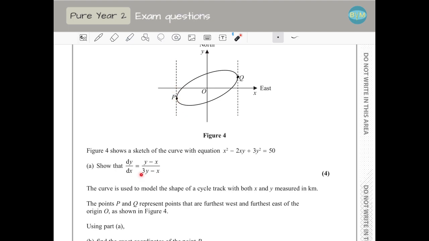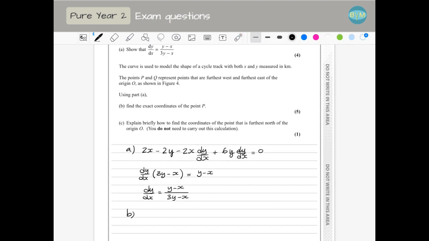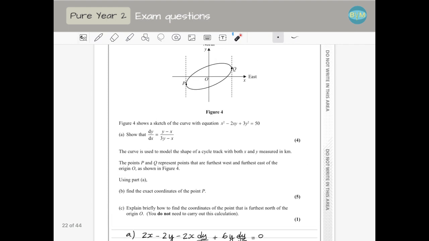So I'm just going to make 3y minus x equals 0, which means I have 3y equals x, and I'm going to find the intersection between that line, the one giving me the vertical gradient, and the equation of this curve.